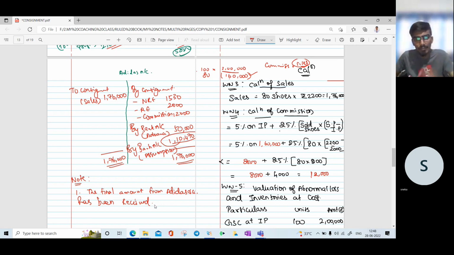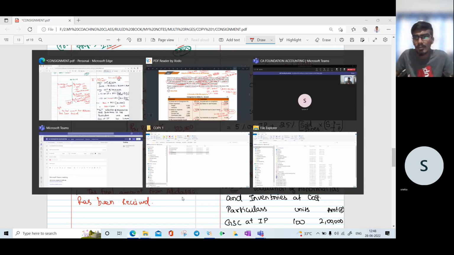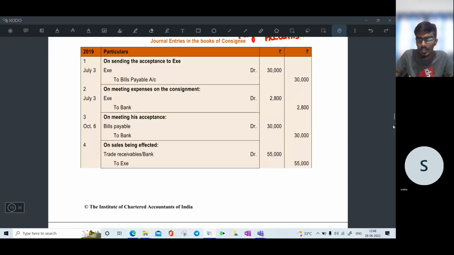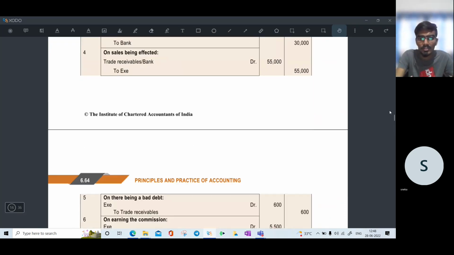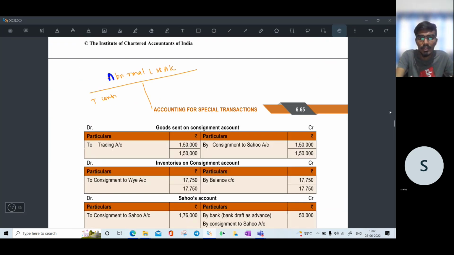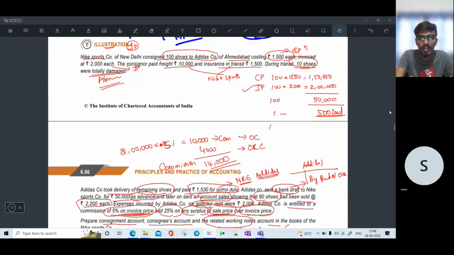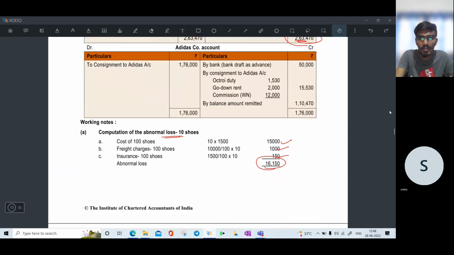The final payment, the final amount, you can write either. Okay? Understood so far? This is how we will complete illustration 4 along with the working notes. We have already completed it.